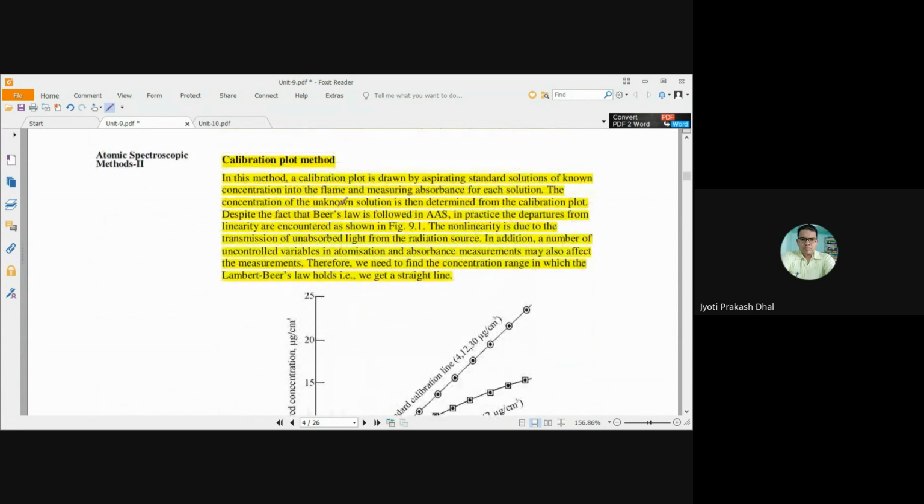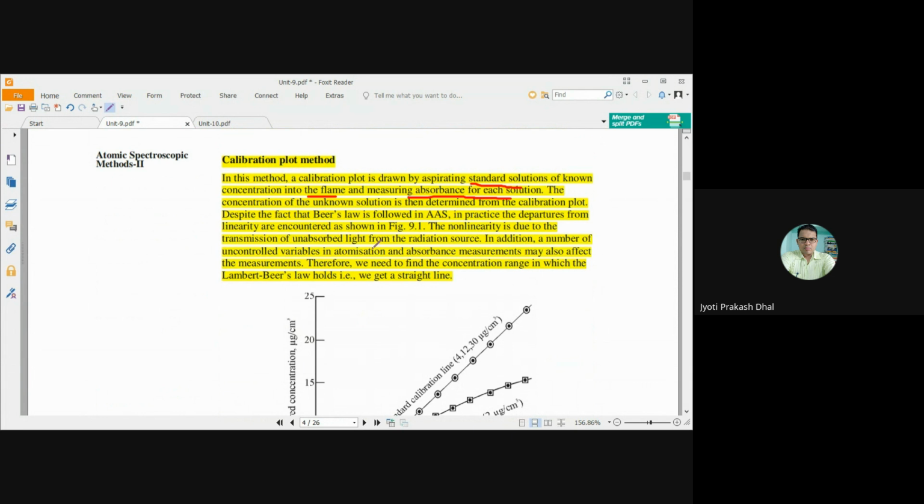In this method, a calibration plot is drawn by aspirating standard solutions of known concentration into the flame and measuring the absorbance of each solution. So initially, the aspiration will be done for the standard solution, that means with known concentration, into the flame, and the corresponding absorbance will be measured.